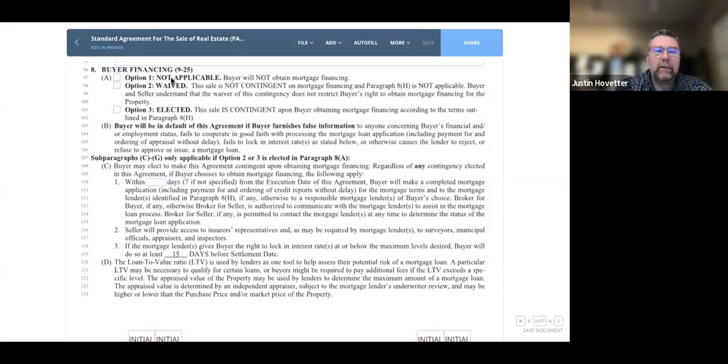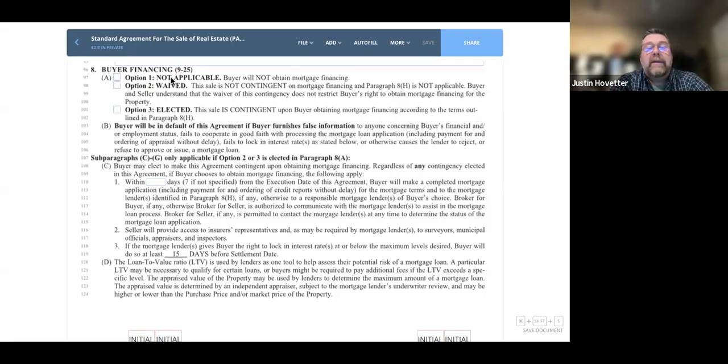Option three is the standard that we usually see, and that makes it contingent upon the buyer obtaining mortgage financing according to the terms outlined in paragraph 8H. Let's focus on paragraph B here.